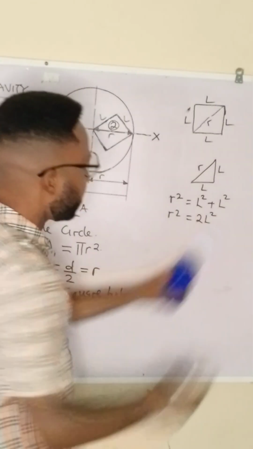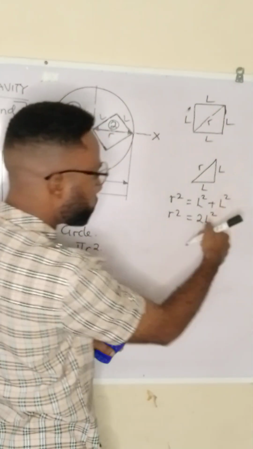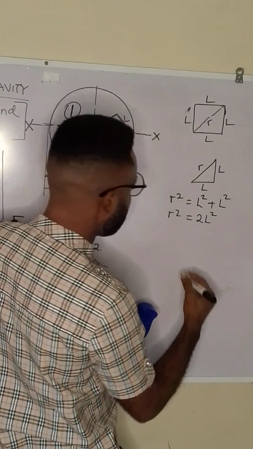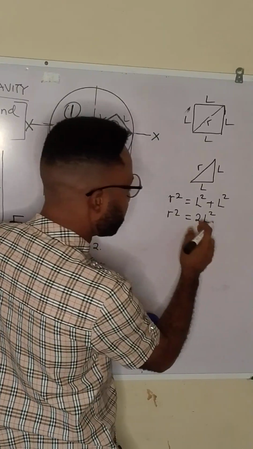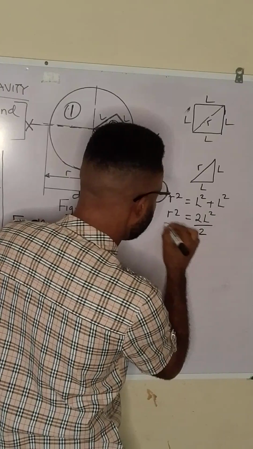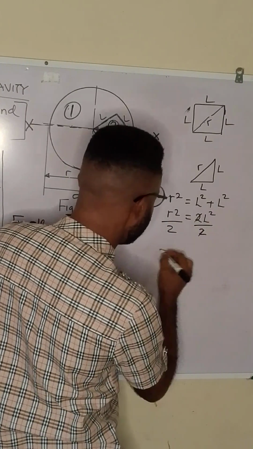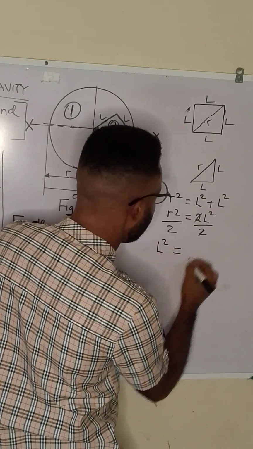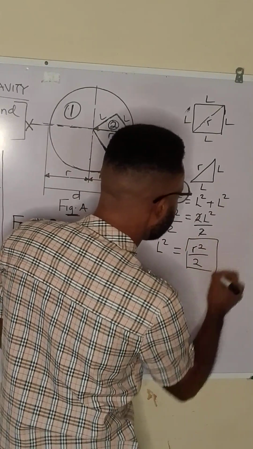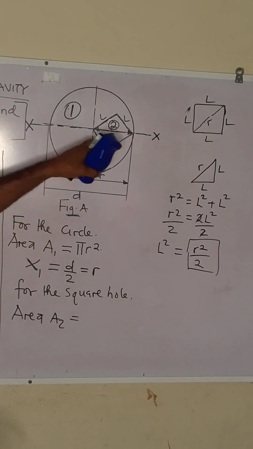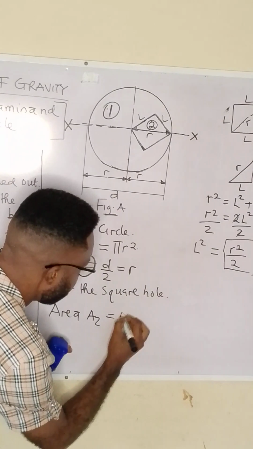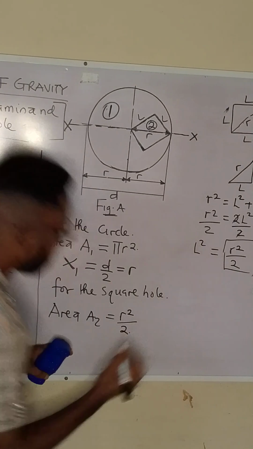Because we are looking for L squared, which represents the area of this square shape, we are going to divide both sides by 2. So that our L squared will be equal to R squared over 2. So this is now the area of the square. So the area A2 of the square will be R squared over 2.